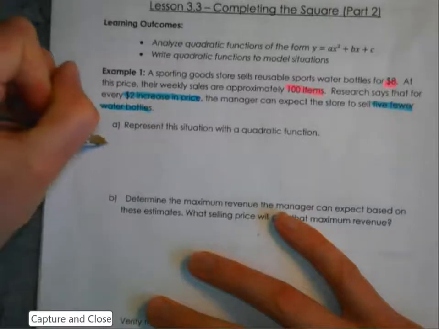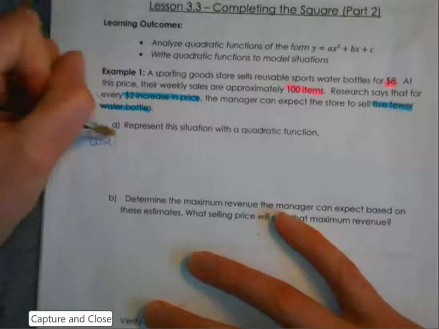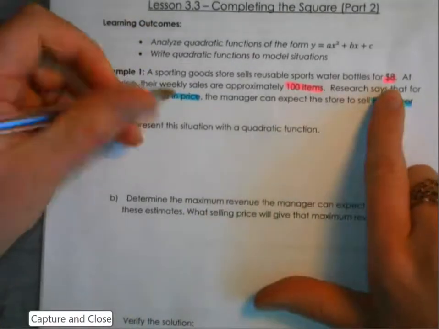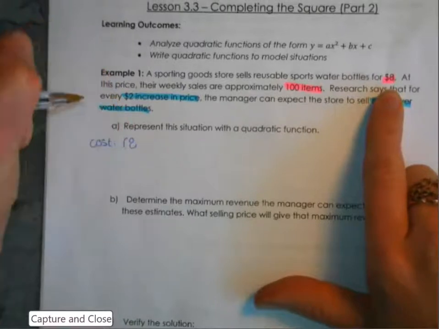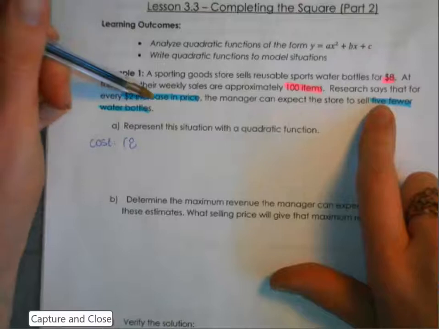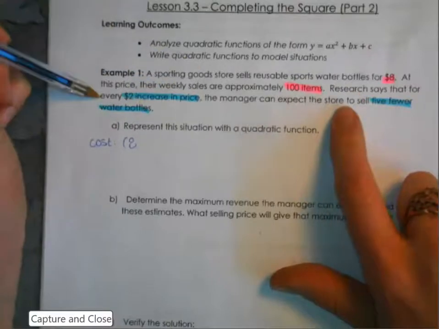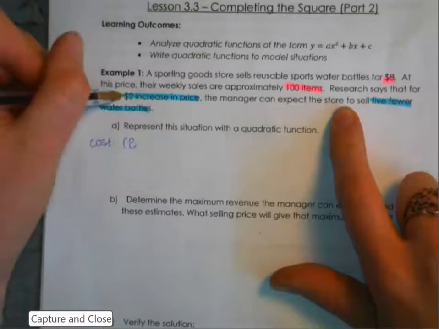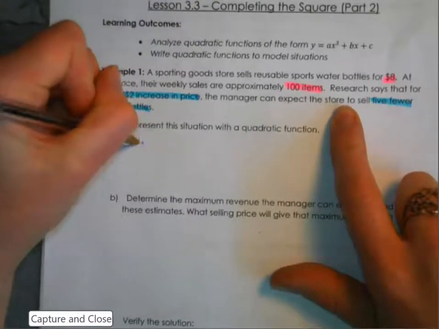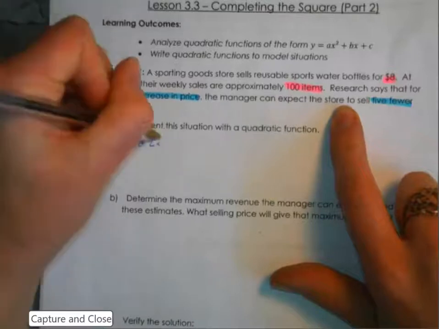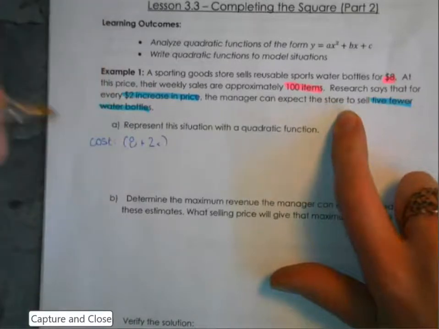So in terms of cost, remember, you want to start with your base cost, which was $8. Now, with the price changes, what they're looking at is a $2 increase in price. So for every $2 increase, that means you can have more than one. So we're going to have $8 as our base cost, but we're going to add a $2 change times however many times they change the cost.